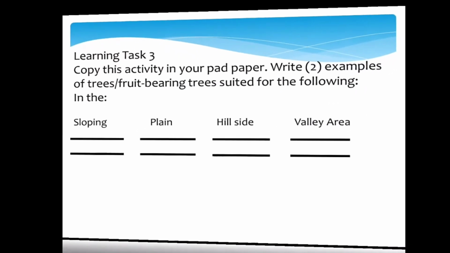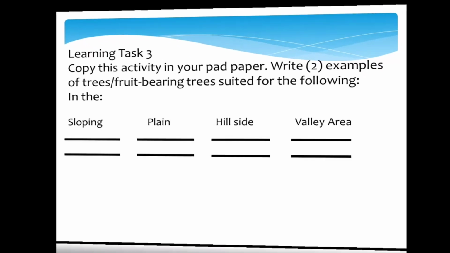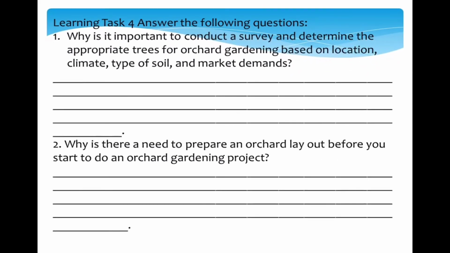Then for your learning task 3, what you're going to do is to give or write down at least 2 examples of trees and fruit-bearing trees suited for the following area. So like for example, sloping area, plain, hillside, and valley area. Then for learning task 4, what you're going to do is to explain.